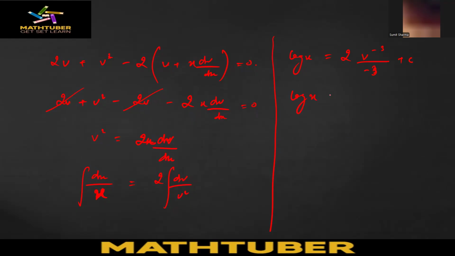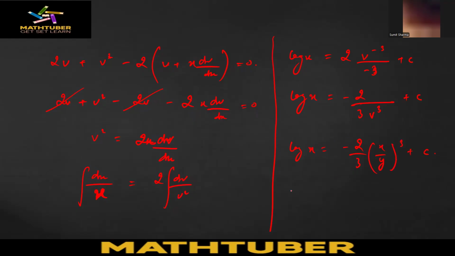So you will get log x equal to minus 2 upon 3v cube plus c. And this will be log x equal to minus 2 upon 3 into y upon x whole cube, that will become x upon y whole cube, plus c.